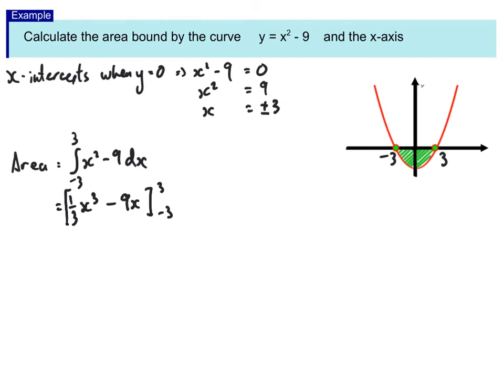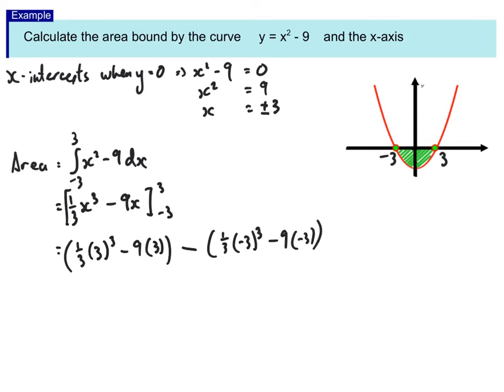I'm going to plug 3 and negative 3 into this. So I have got a third of 3 cubed minus 9 lots of 3, and I'm going to subtract a third of negative 3 cubed, take away 9 lots of negative 3.